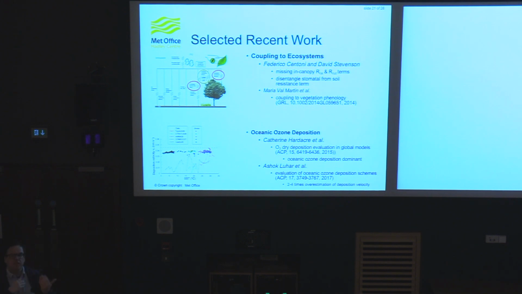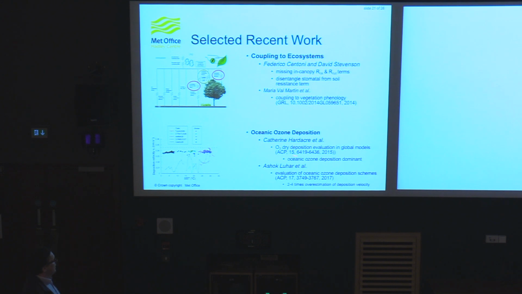So they added a level of interaction between the land surface and the atmosphere in their work. And in terms of the ocean, deposition of ozone to the ocean, I already mentioned Catherine's work, which pointed towards the oceanic ozone deposition as the dominant term and a term that warrants more work.